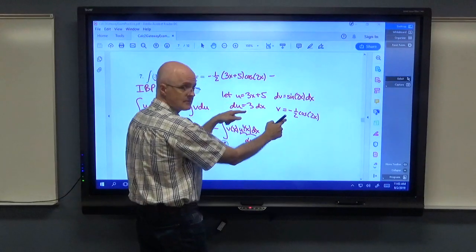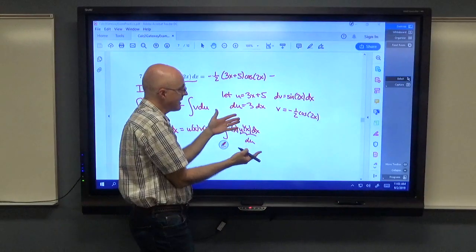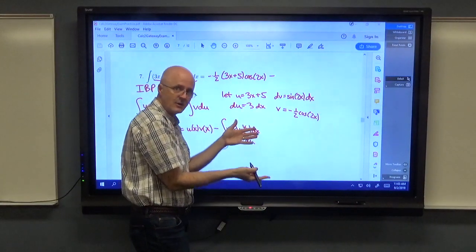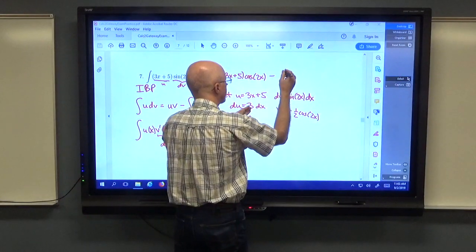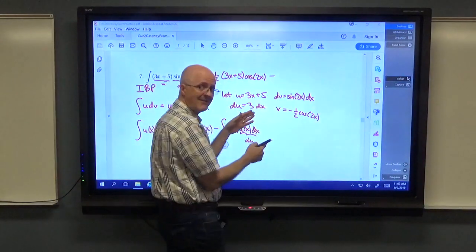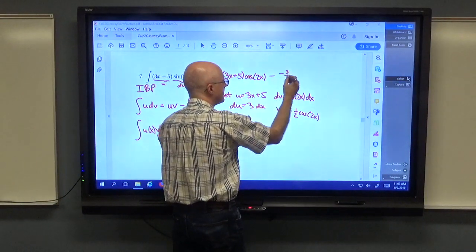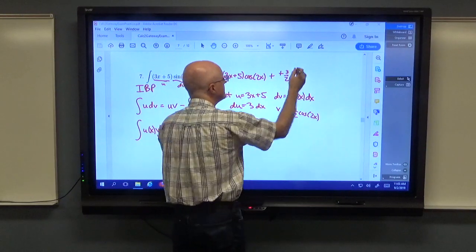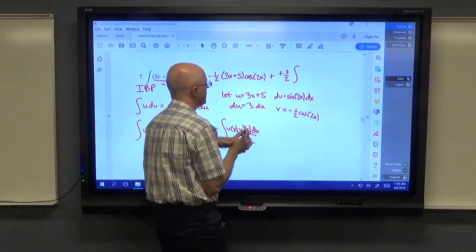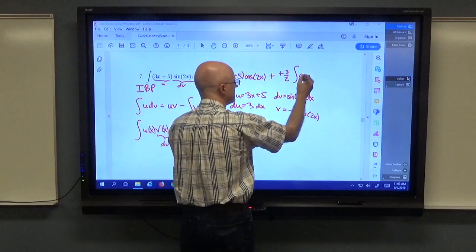This times this. And you go back to x's, by the way. You stay with the x's. It's not like substitution where you stay with u. Product of these things: 3 times negative 1/2 is negative 3/2. I can bring that in front of the integral, and then these two minus signs become a plus. I already took care of the 3 and the negative 1/2. I just have a cosine of 2x in here.